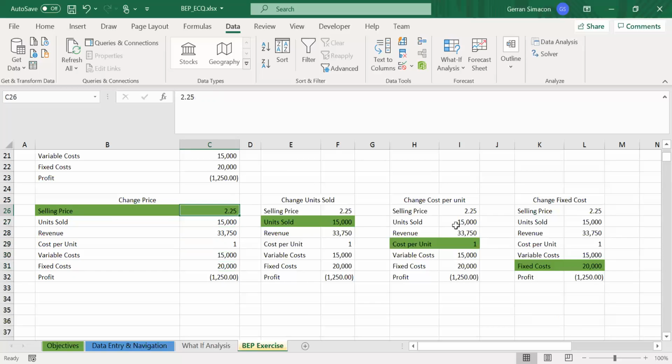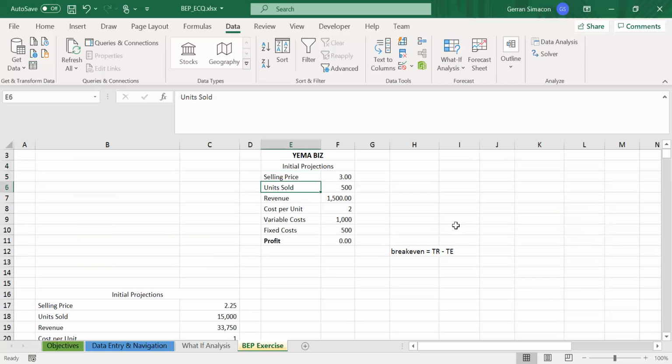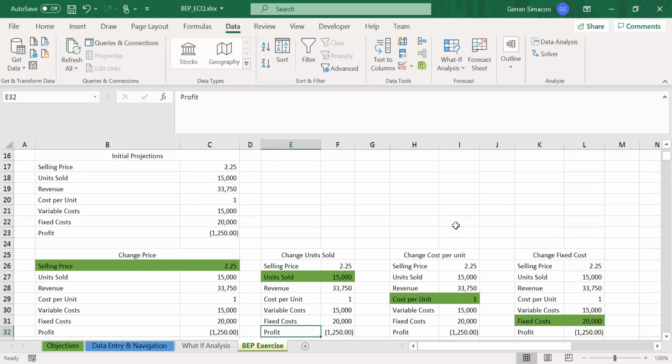For the example above, we will reverse it and ask how much our selling price should be for a certain product or item, given the variables like the units sold, the cost per unit, and the fixed cost. So we will change it here below.